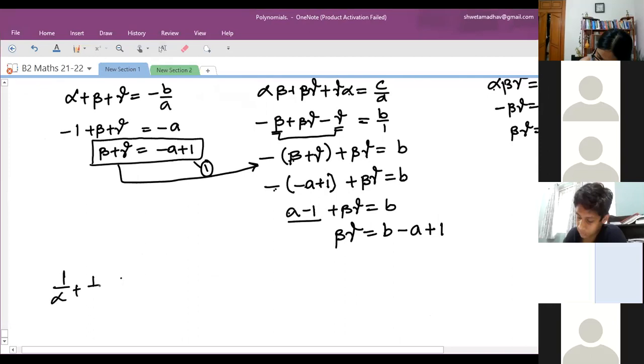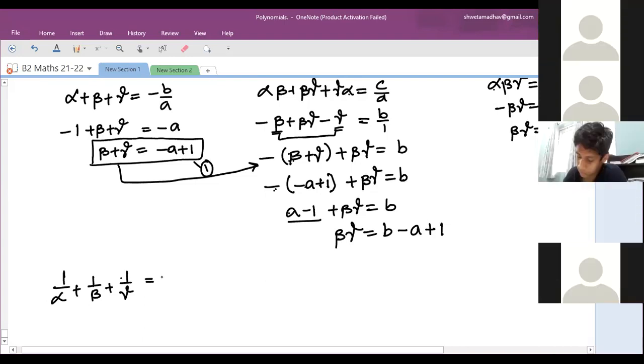I mean, that one will give alpha plus beta plus gamma by alpha beta gamma, right? Do you know how to take LCM? Yes, ma'am. It's not coming for me. No, it will not come. First, find the proper LCM and properly add them. What is the LCM? Alpha beta gamma.